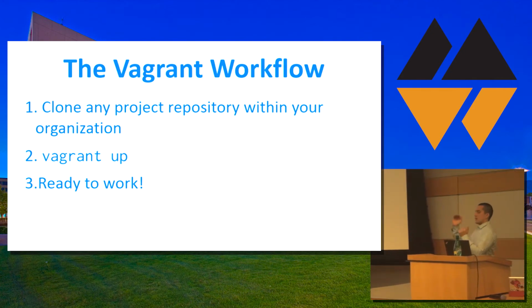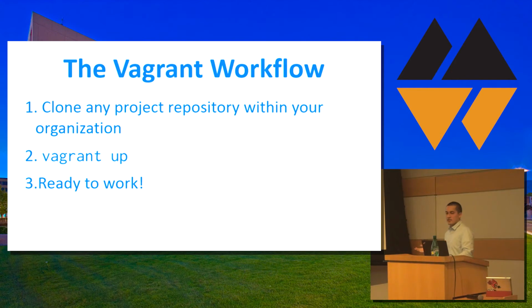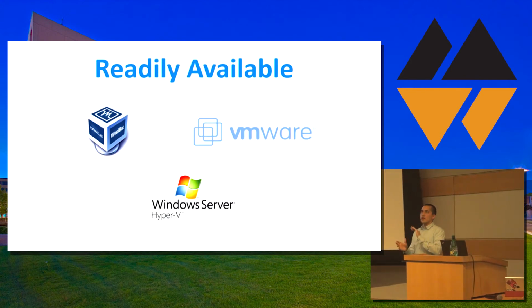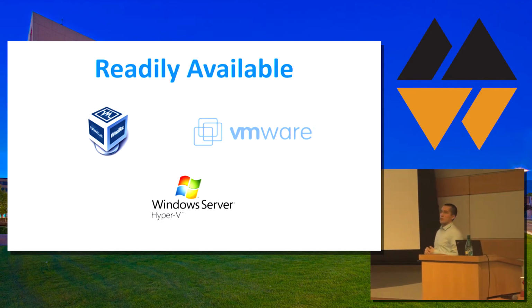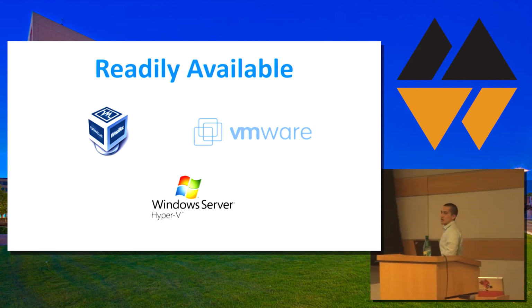Within that development category, I mentioned 4 problems or 4 goals, and how Vagrant attacks these. On the readily available side, Vagrant works with any sort of technology to run code. There are virtualization providers such as VirtualBox, VMware, and recently Hyper-V.